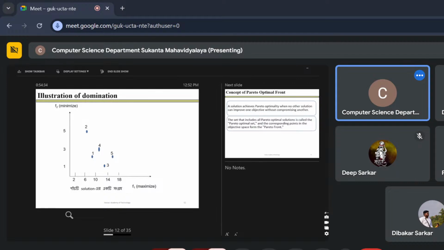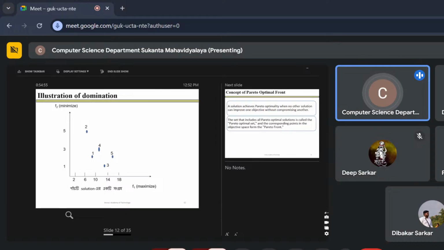Now, a brief examination for the audience. I am a teacher after all, right? I am rather tempted to get the feedback. Okay. So there are 5 points in the F1, F2 scenario. F1 is a maximization problem. F2 is a minimization problem.